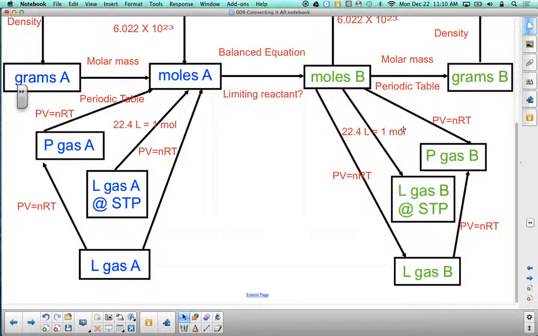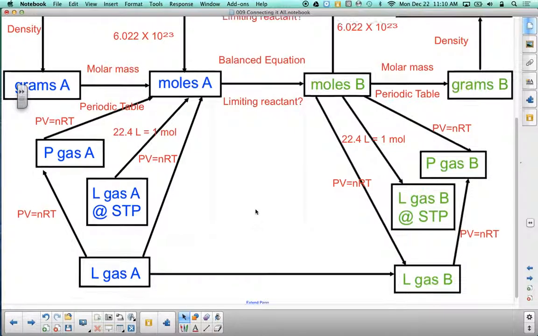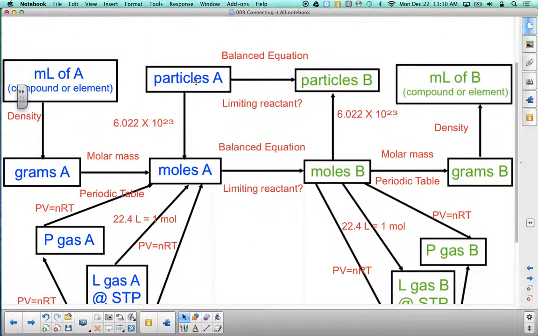If we happen to have substance A being a gas and substance B being a gas, there's going to be a shortcut to let us traverse from liters of gas A to liters of gas B directly, much like up at the top, we could go from particles of A to particles of B without having to come through moles.